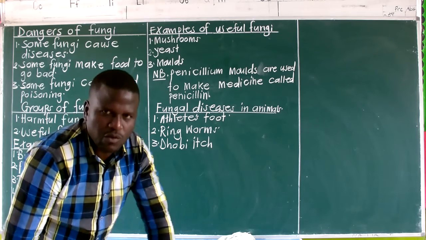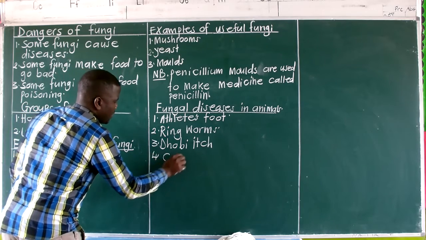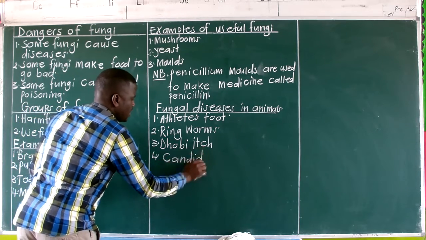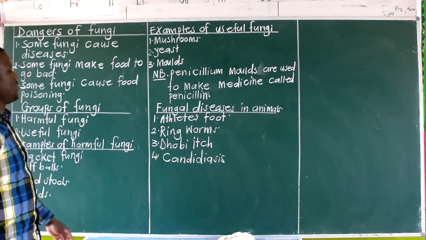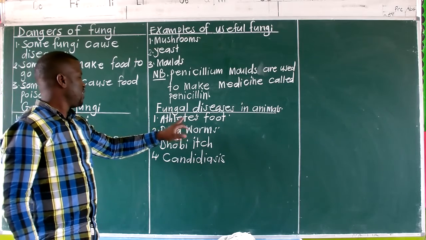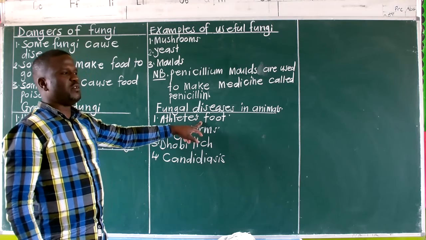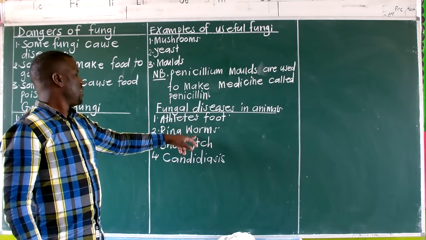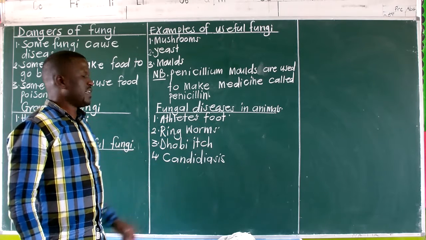Then lastly, we have what we call candidiasis. So we have athlete's foot. This one affects the toes. You can have wounds between your toes. Then ringworms, this one affects the skin. Dobby itch affects the skin.